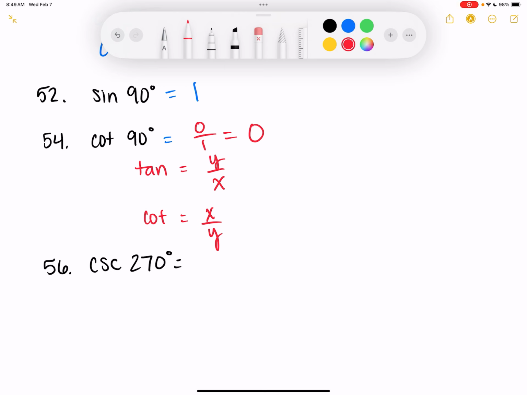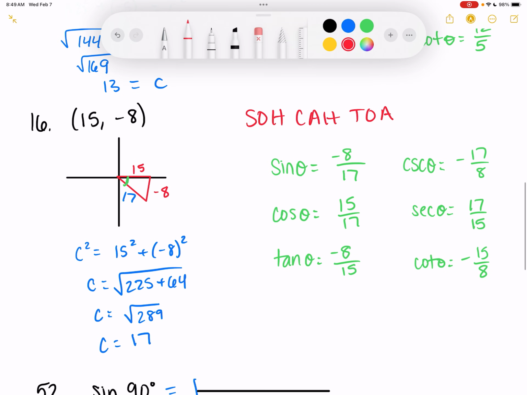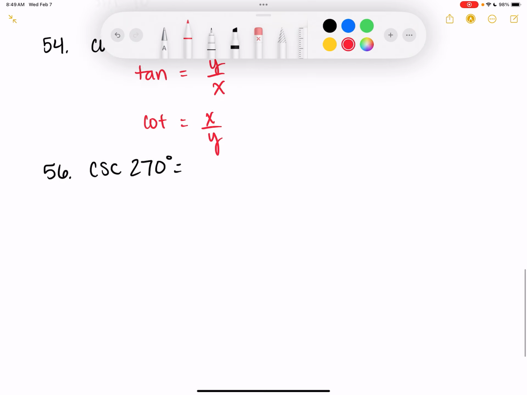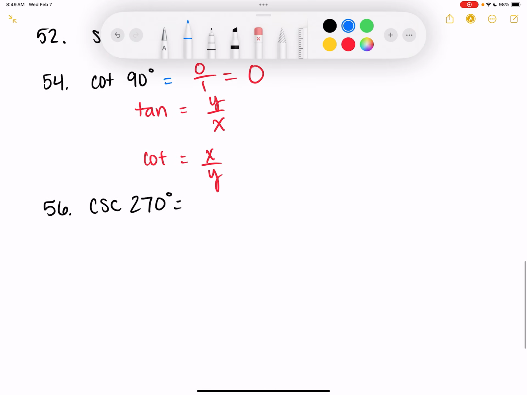What's its buddy pair? Cosecant went with sine. So I'm going to think about this as whatever the sine value is here. So this is going to be 1 over the sine of 270.